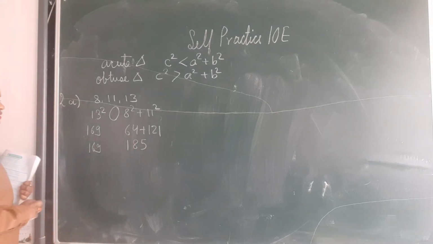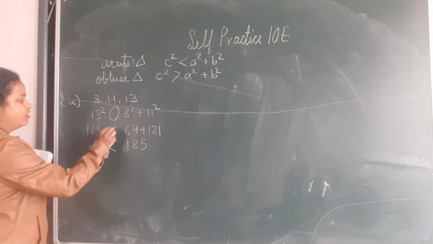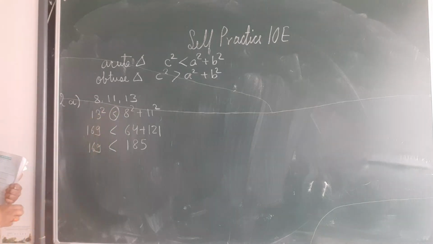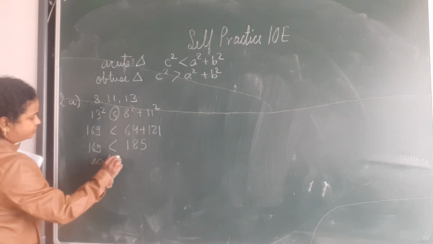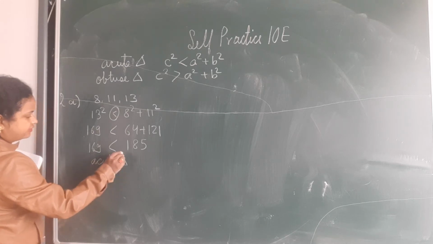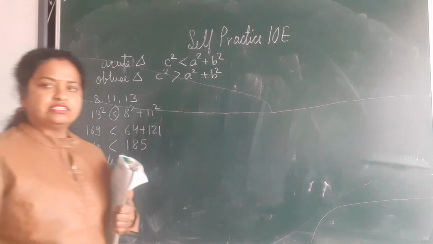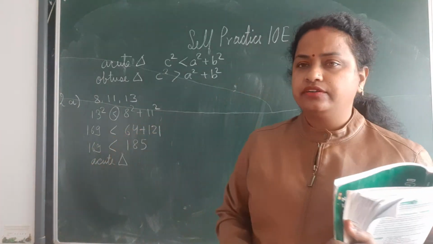Which one is bigger? This one is bigger, so it is an acute triangle. The first one will be your acute triangle.